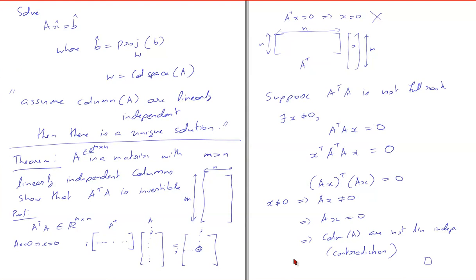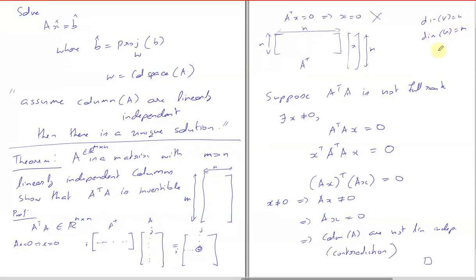Suppose A maps from U to V. Then the range of the transformation A is an n-dimensional subspace of V. That is right.